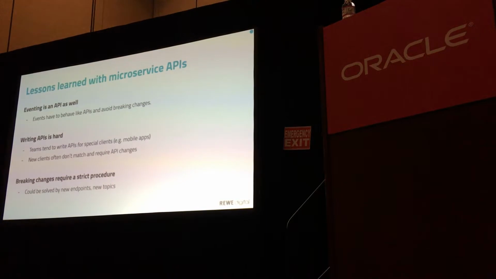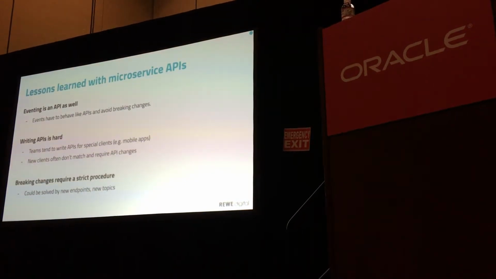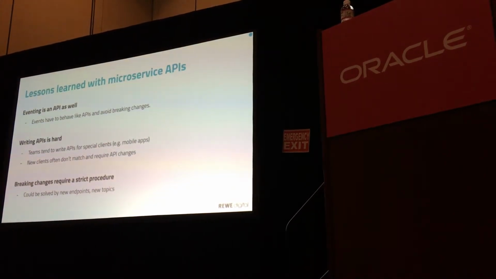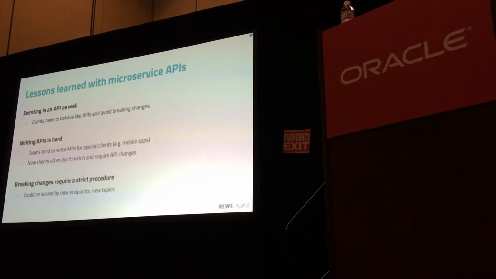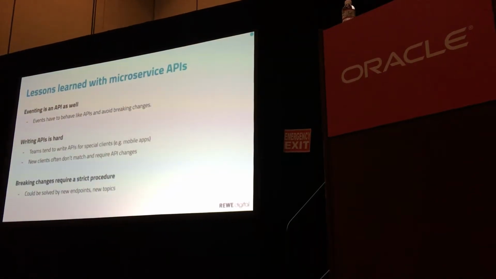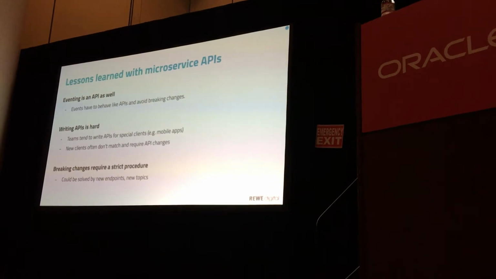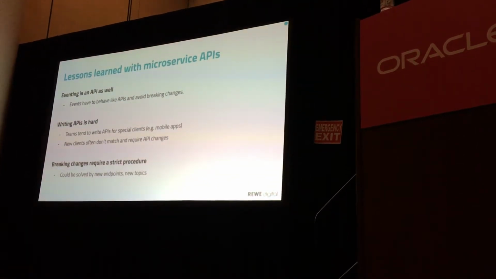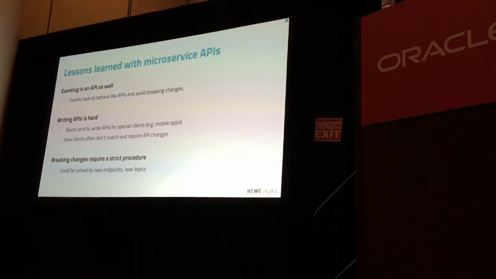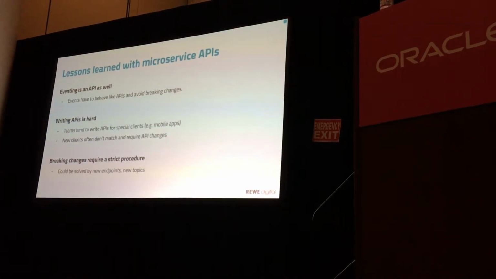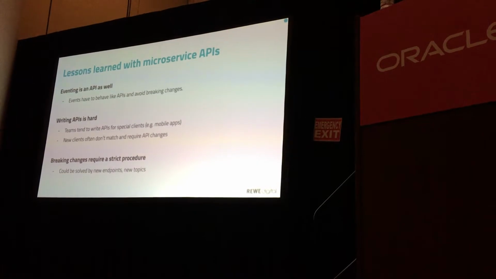In our case, the first client is the mobile app, and some of the APIs the backend teams built were pretty much fitting for this case, and when the second client came along, it didn't fit anymore, and we had to make changes in the APIs. So it's a really hard process for teams to build generic APIs and not just one fitting for one client. And another thing is breaking changes, and this is really hard.